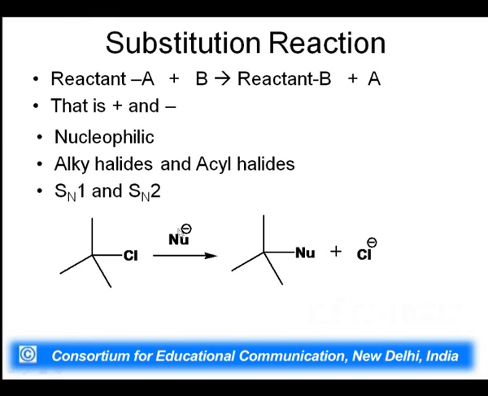The alkyl halide reacts with the nucleophile, the nucleophile comes inside and the Cl minus ion goes away. So what exactly is happening here? The nucleophile is replacing or substituting the Cl minus ion.